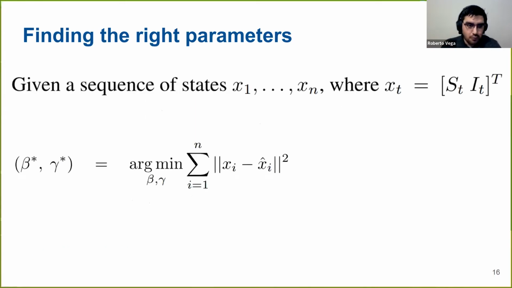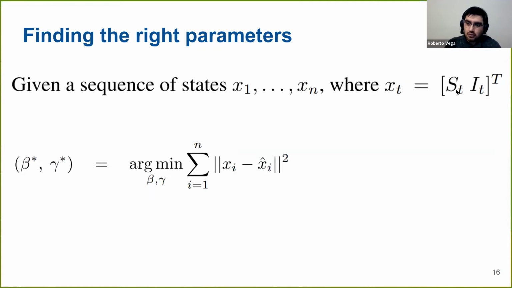Now, the important part. How do we find the parameters? Well, if we have a sequence of states, x_1, x_2, up to x_n, and in this case, x_t is simply the number of susceptible and the number of infected, then we can build this very simple optimization problem, right?